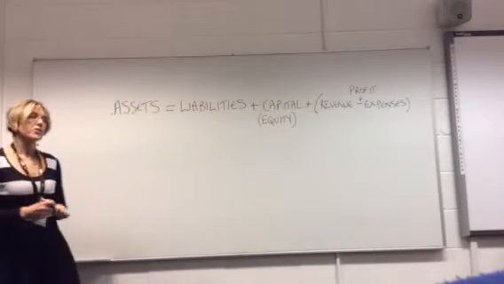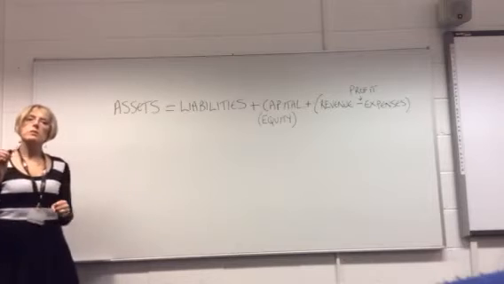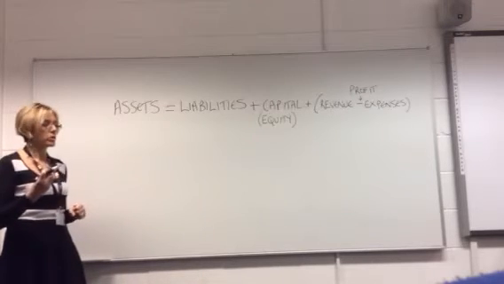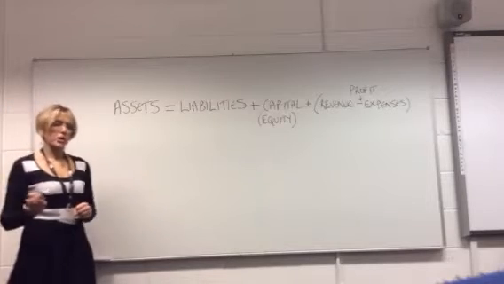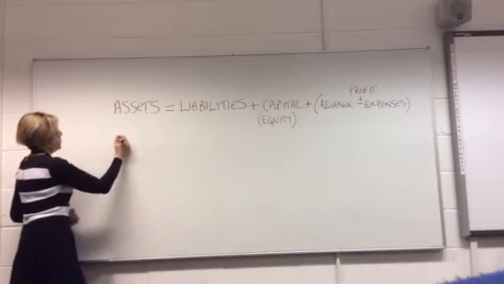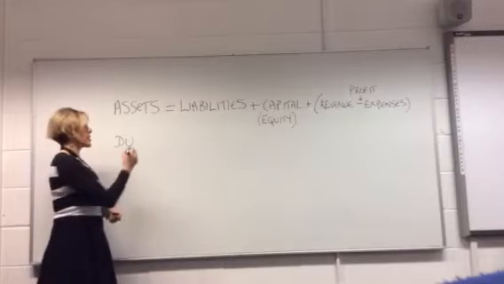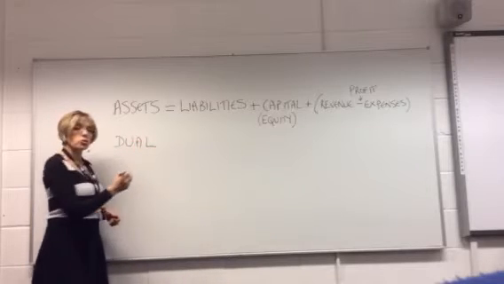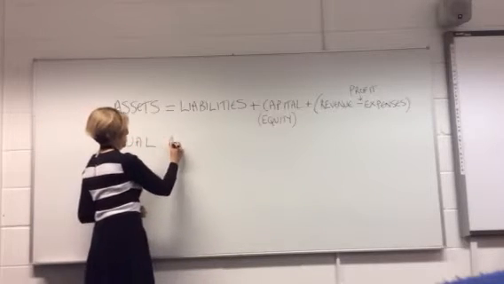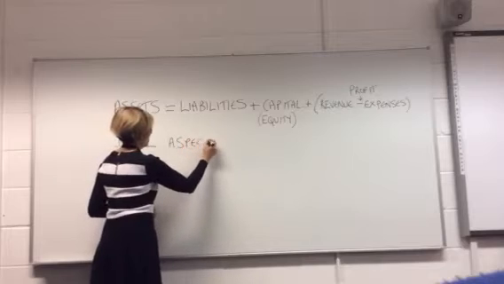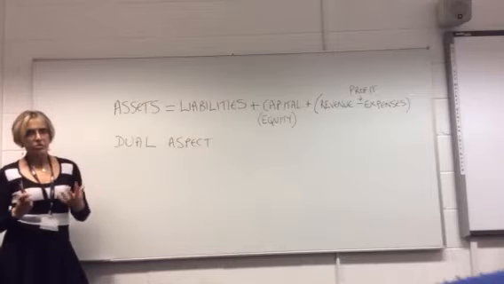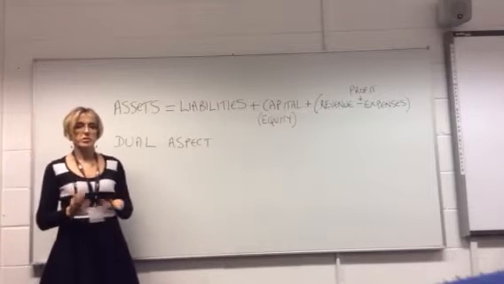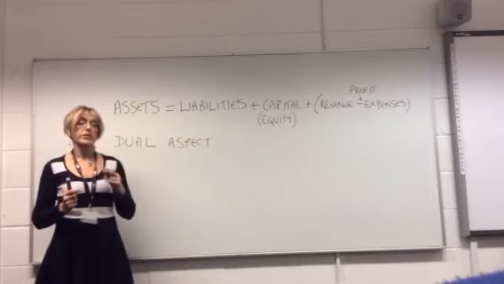Now we need to take this on a bit this week, and we need to think a bit more about how we actually record transactions, our system of double entry bookkeeping. Now, the first key idea is the dual aspect. The dual aspect idea says that every transaction that a company enters into has two effects.